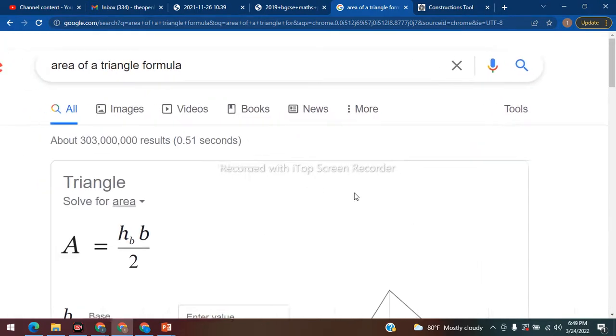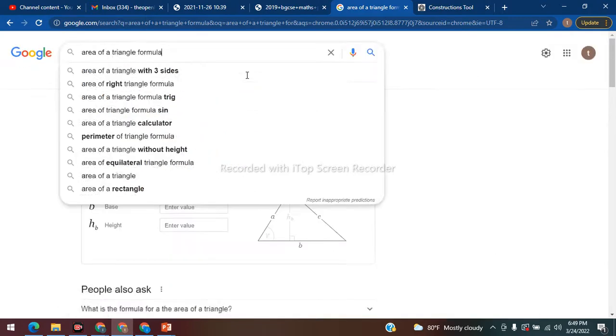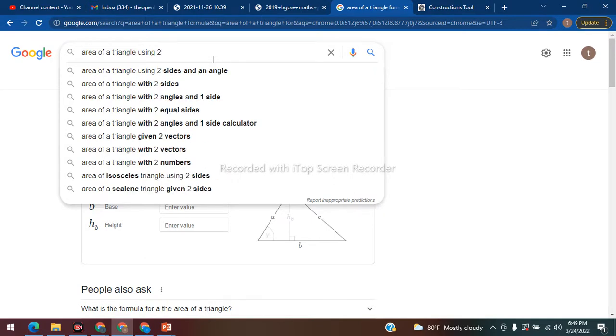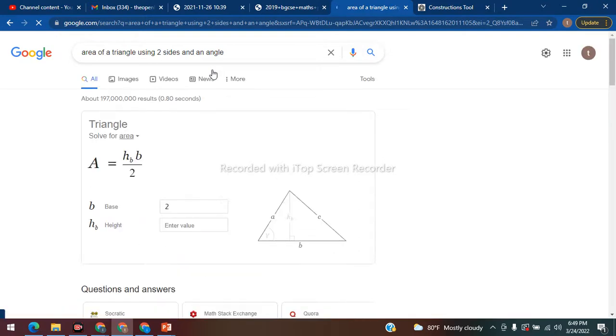Or what we could just do is find the area of a triangle using two sides and an angle, because we have two sides and an angle. So this is what we need. Area of a triangle using two sides and an angle.